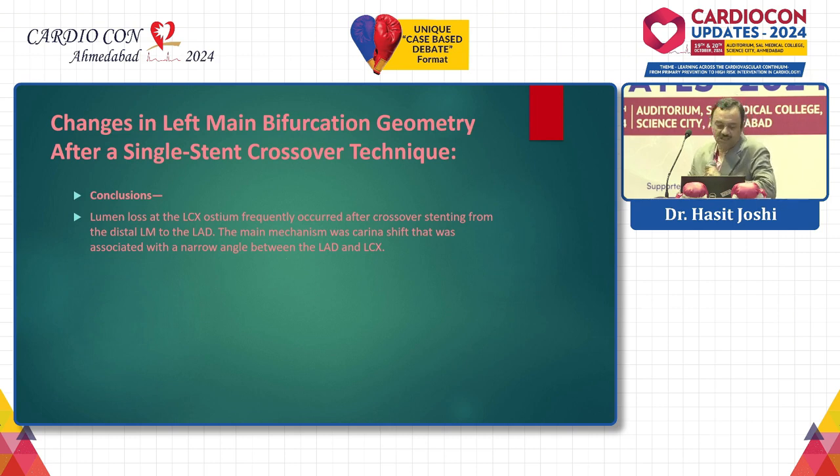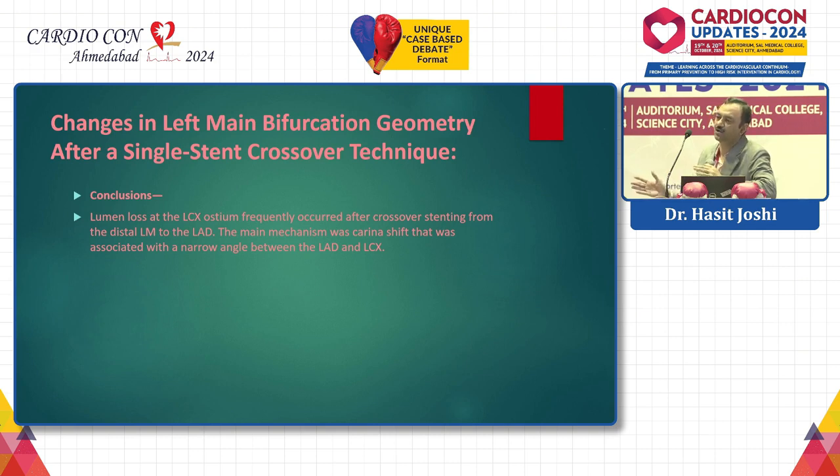So this is a trial: change in left main bifurcation geometry after a single stent crossover technique. This is for the initial procedure. The conclusion was that lumen loss at the LCX ostium frequently occurred after crossover stenting from distal LM to LAD. The main mechanism was carina shift that was associated with a narrow angle between LAD and LCX.